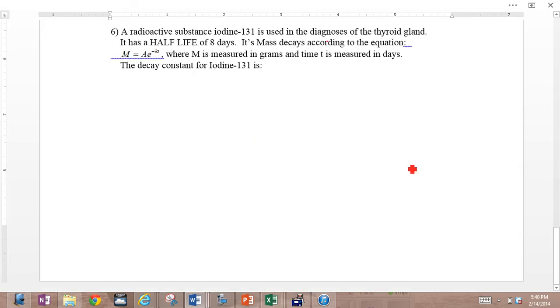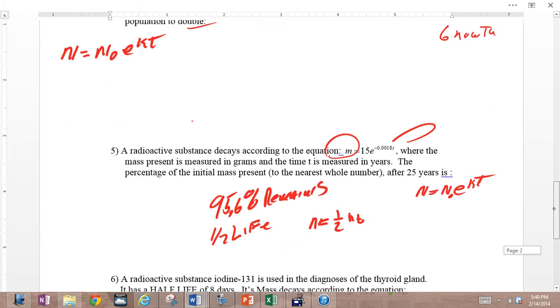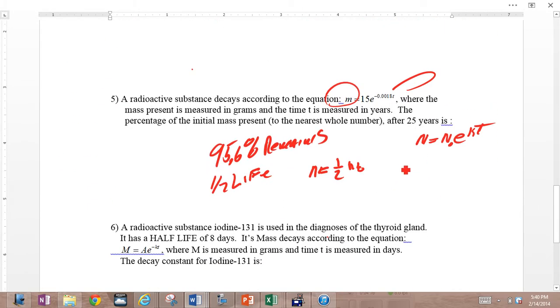That's a half-life. So 1/2 of N sub 0 equals N sub 0 e to the kt. Obviously, N sub 0 is independent, so we're down to 1/2 equals e to the kt.